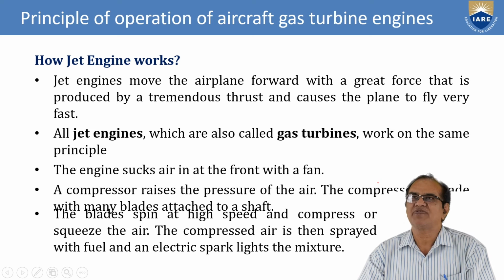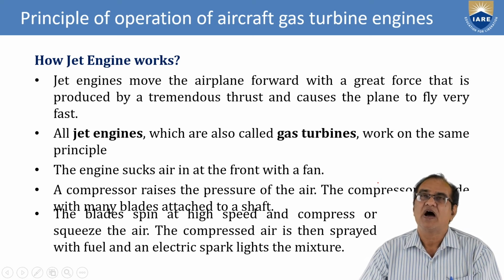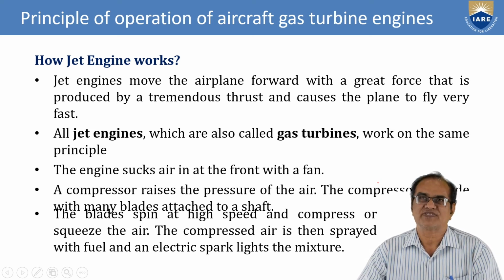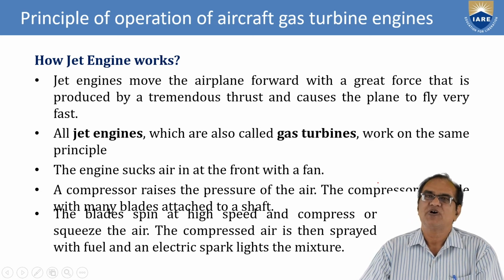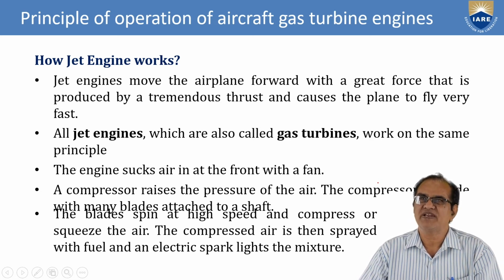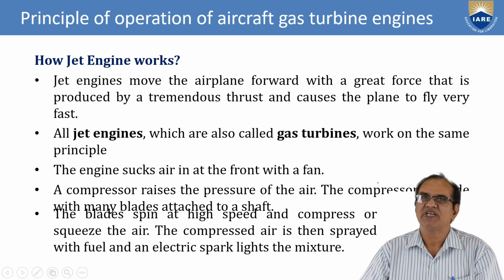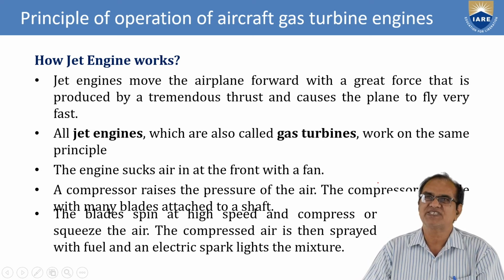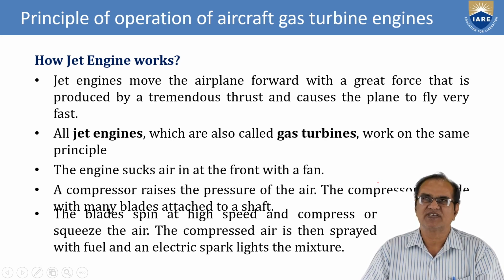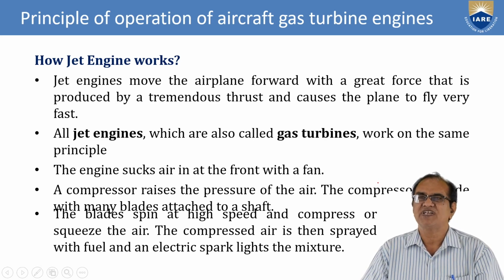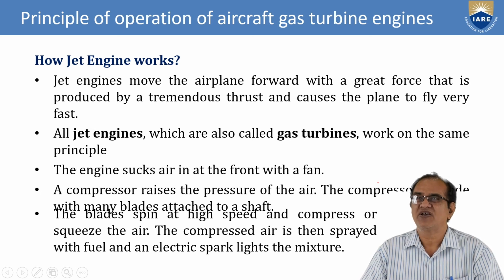Principle of operation of aircraft gas turbine engines. How a jet engine works. Just now I have explained, this is in word form. Jet engines move the airplane forward with a great force that is produced by the tremendous thrust and causes the plane to fly very fast. All jet engines, which are also called gas turbines, work on the same principle.